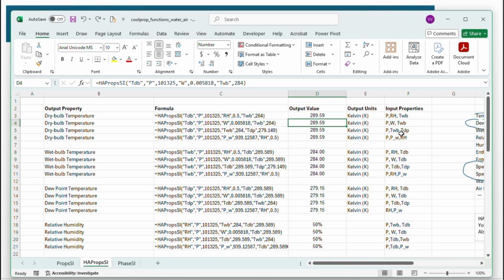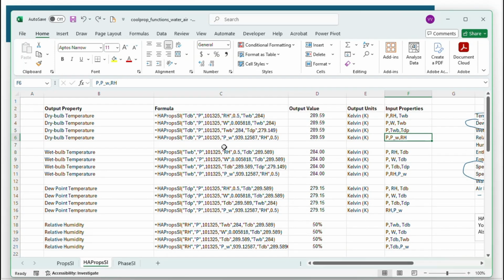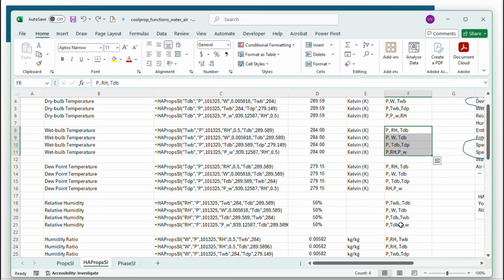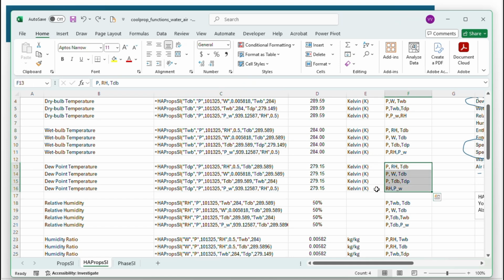You could also use wet bulb and dew point to calculate. You could also use the partial pressure of water and the relative humidity to calculate the dry bulb. So look through all these calculations. Different properties are calculated using different combinations of input properties. I've tried to match all of them to get the same output results, so you know that all of those properties represent the same state.